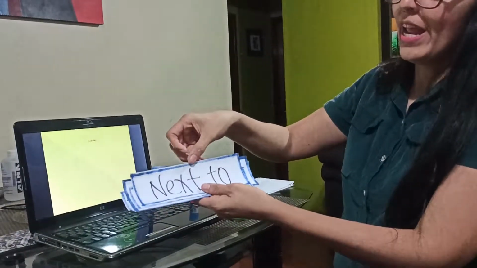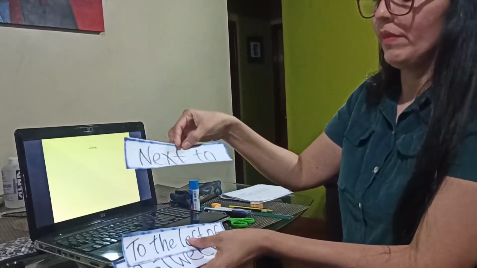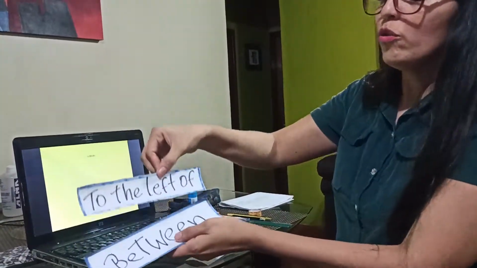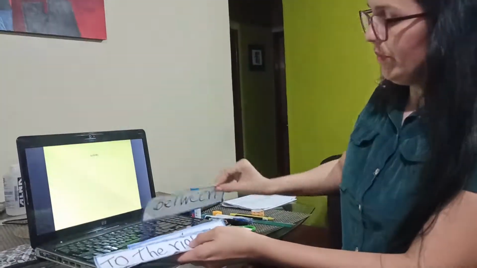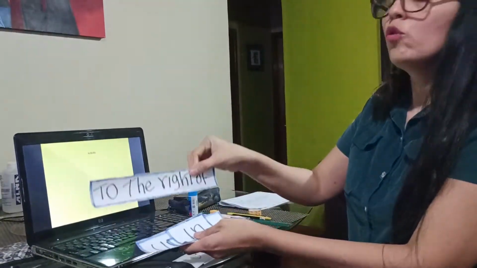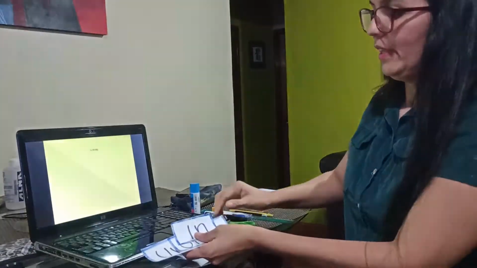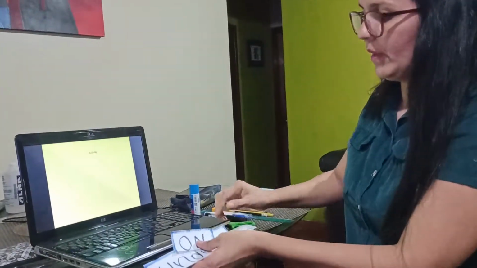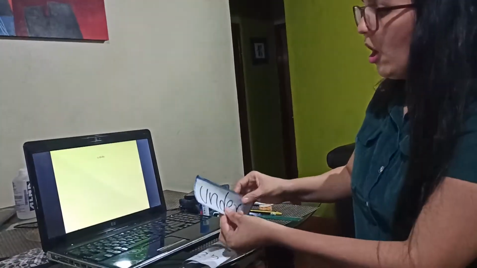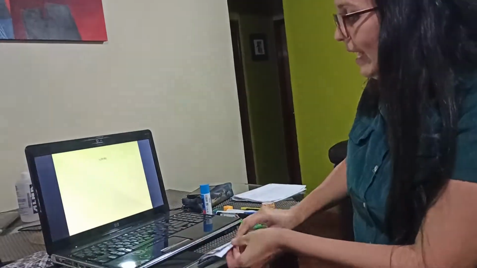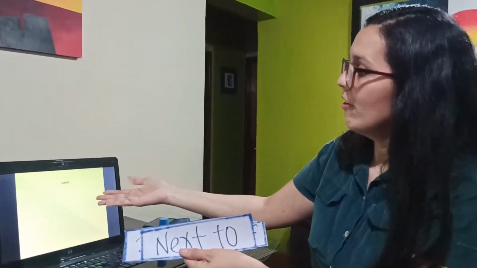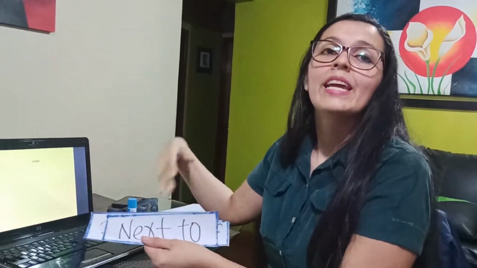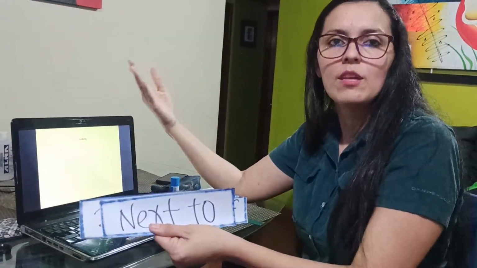For example, next to, to the left of, between, to the right of, in, on, under. These are the prepositions I've already shown in the sentences with the images.